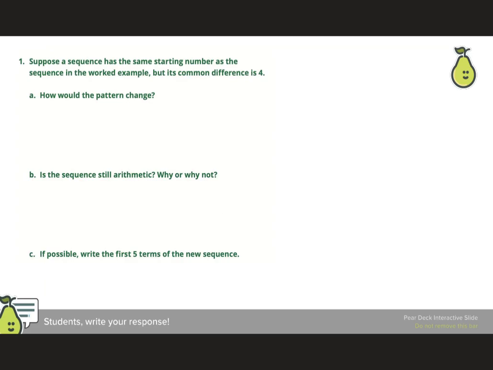So in this case, it says, suppose the sequence has the same starting number as the sequence in the worked example, but the common difference is 4. Remember, in the worked example, it was 11, 9, 7, 5. So if it had the same starting number, that starting number would be 11. But if our common difference is positive 4, we would have 11, 15, 19, 23. So how would the pattern change? It would be an increasing pattern.